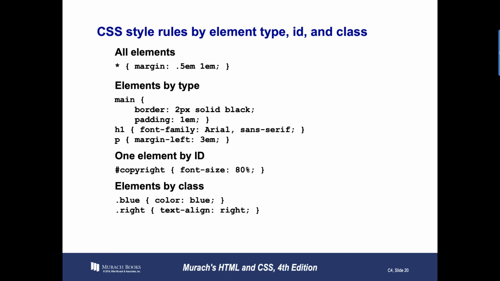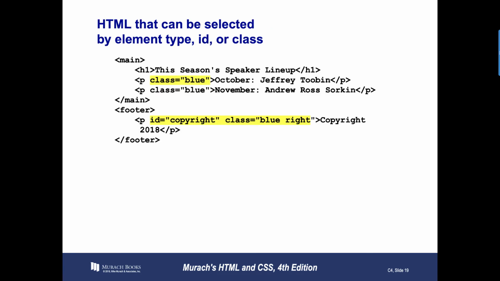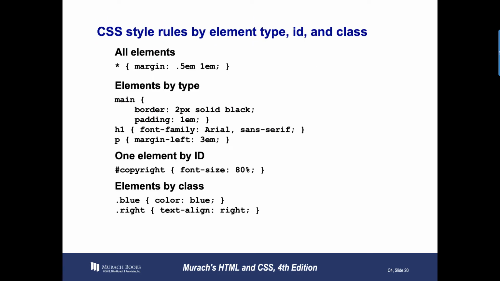And then the copyright. See, in the HTML it said ID copyright, right? So there where it says 1 element by ID, pound copyright or hash sign copyright, you can only have 1 element on a page with a specific ID, and this selector pound copyright is going to set the font size to 80%.